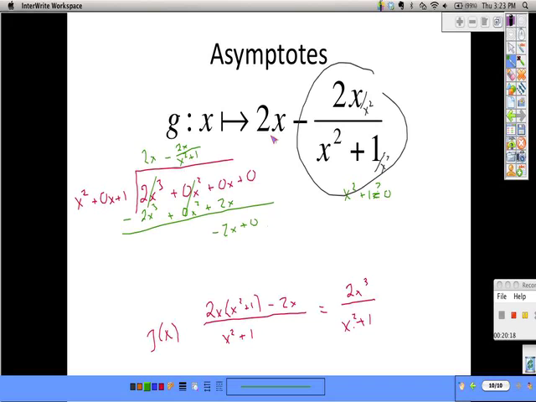Which was my original function. And that will always be our oblique asymptote. The remainder becomes negligible because x is bigger in the denominator. So as the limit goes out to infinity, we end up with 0 for that remainder.